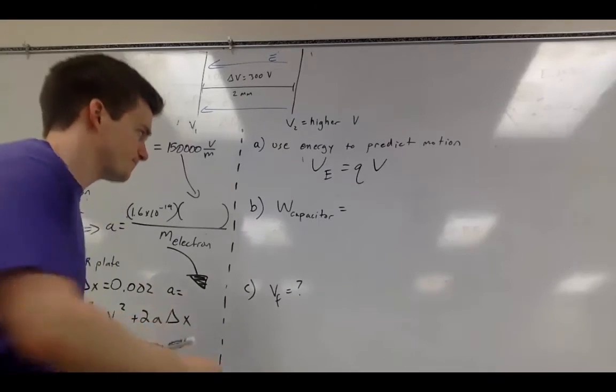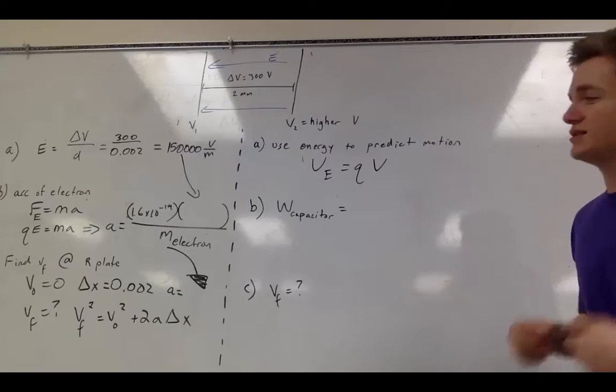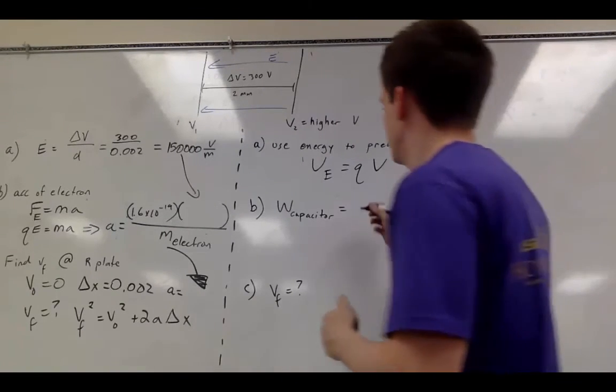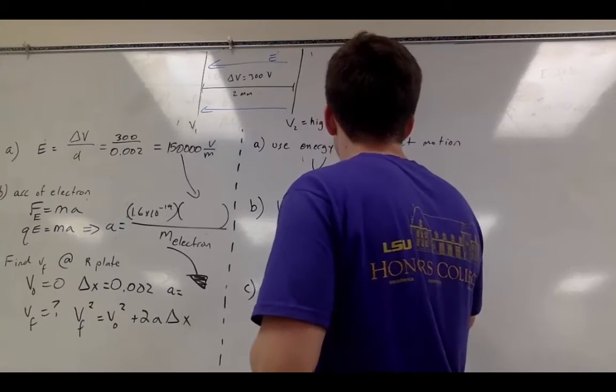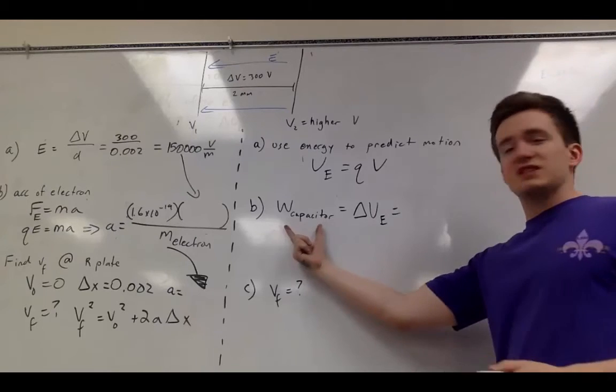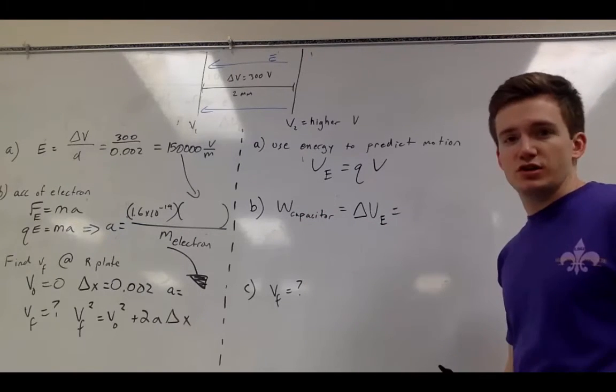Be ready for that. The work done by the capacitor is the energy that the capacitor is giving to the electron. So we could actually write this just like that. We could add another step in and just make sure we understand that the work done by the capacitor is the change in the electron's potential energy.